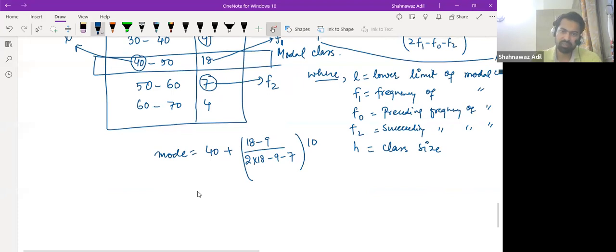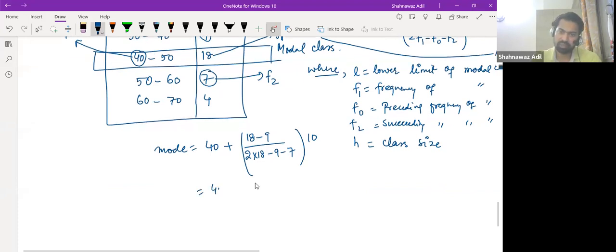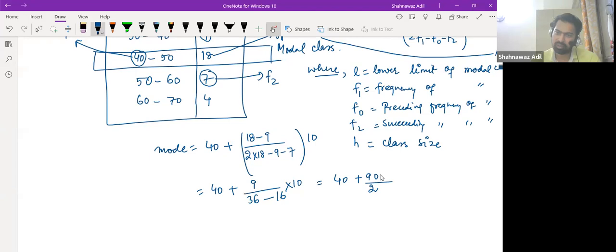So how much is this? 40 plus 9 divided by 36 minus 16, into 10. So 40 plus 90 divided by 20. This cancels, and we have 4.5. So 44.5. This is right.